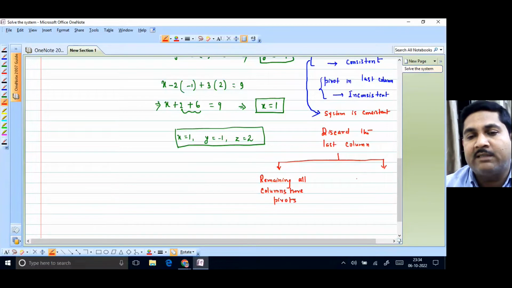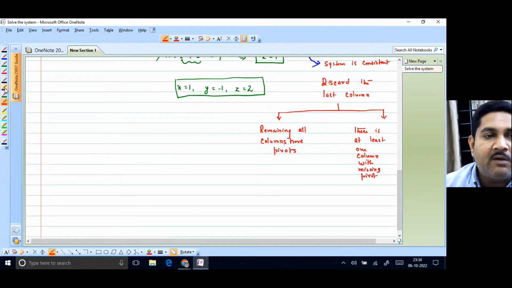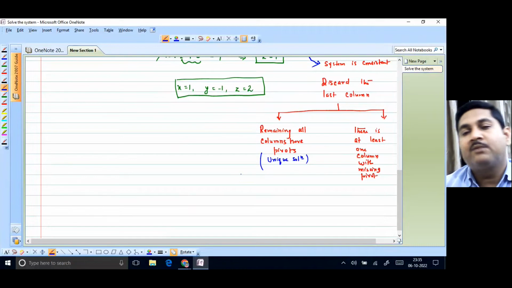Or the second case is that there is at least one column with a missing pivot. So if all remaining columns have pivots, then we say that the system has a unique solution.